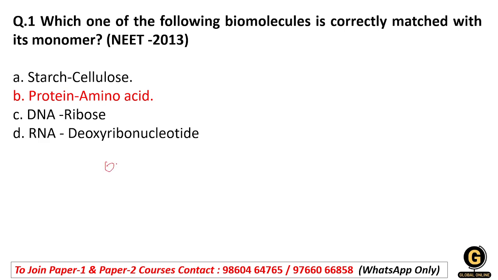Yes, so these are the monomers, right, which are linked together by a peptide bond. This bond is called a peptide bond, and if there are many monomers linking together, that is many amino acids linking together, this is called a polypeptide chain.